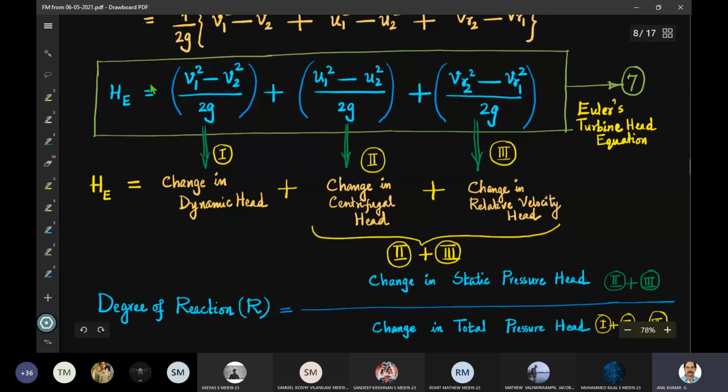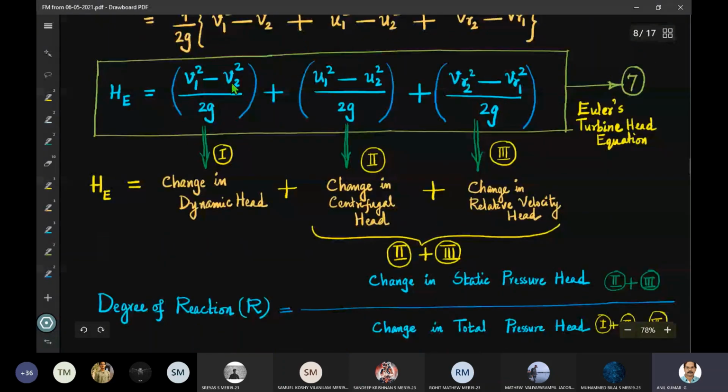So Euler's head developed, the important Euler's turbine head equation for power producing devices. This is that equation: V1 square minus V2 square by 2G, that is the first term, Roman numeral 1; the second term, Roman numeral 2, U1 square minus U2 square by 2G; and the third term, that is VR2 square minus VR1 square by 2G.